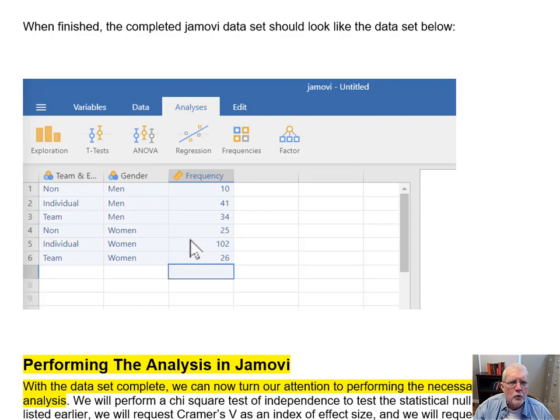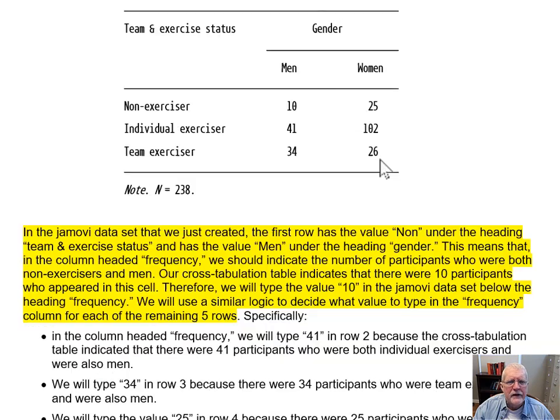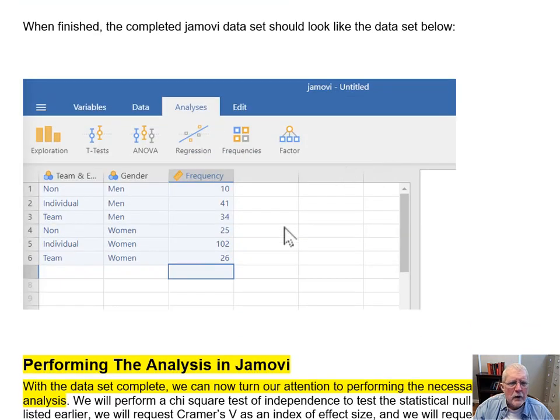Non-exercisers and also women. Let's see. Non-exercisers and also women. There were 25 of them. So I typed 25 in this spot, and so forth. Using that logic, I transferred the frequencies from the cross-tabulation table above into the appropriate spot in this column headed frequency in my Jamovi data set.